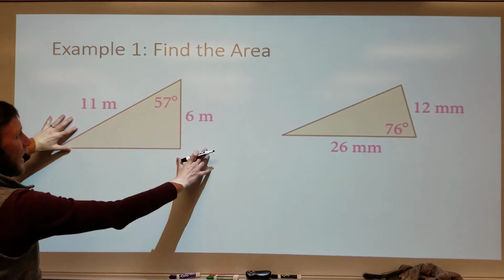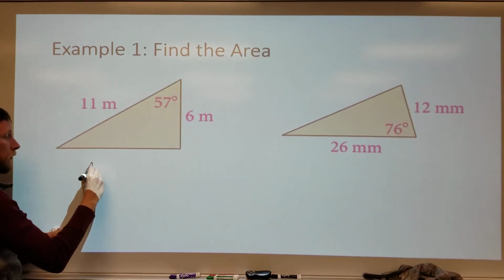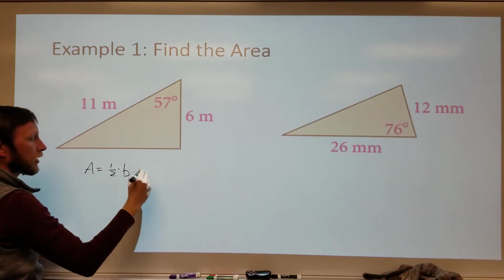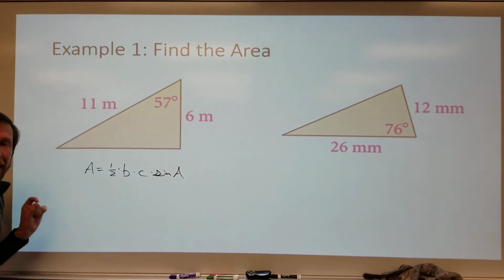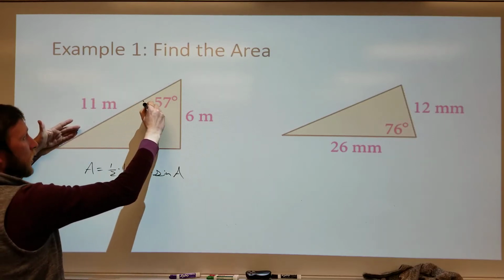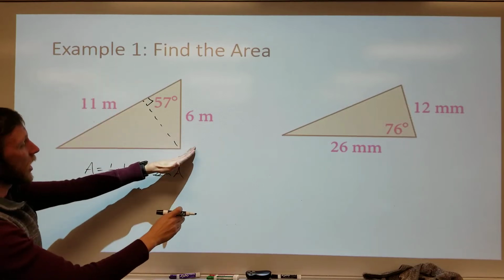So in this case, we have two sides and the included angle. Our formula is the area of the triangle is 1/2 times B times C times the sine of the angle between those two sides. Now, in the past, we would say, well, one of the sides is B, and then we need to know the perpendicular distance from this side to that opposite vertex.